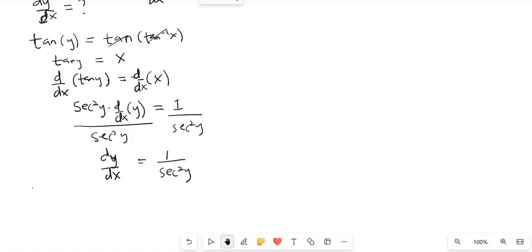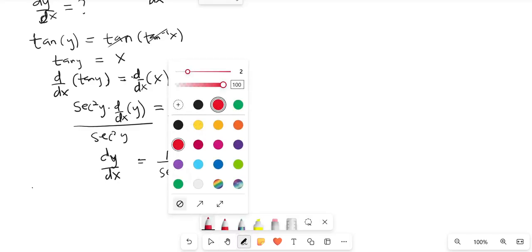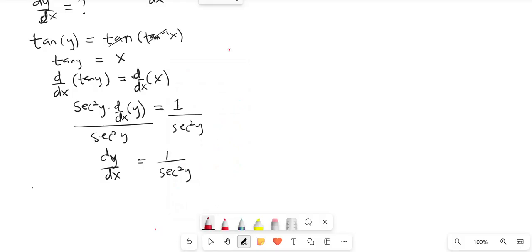So what that means is to draw a right triangle again. Put our angle here, y. Tangent y is equal to x over 1. Tangent is normally opposite over adjacent. Opposite is x, adjacent is 1.